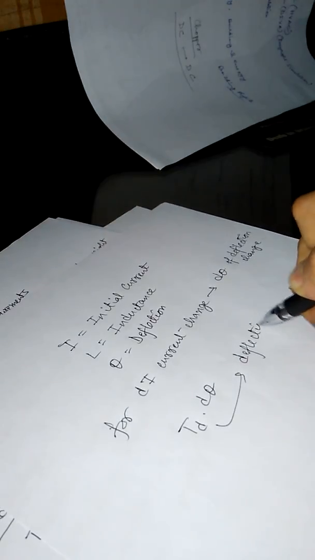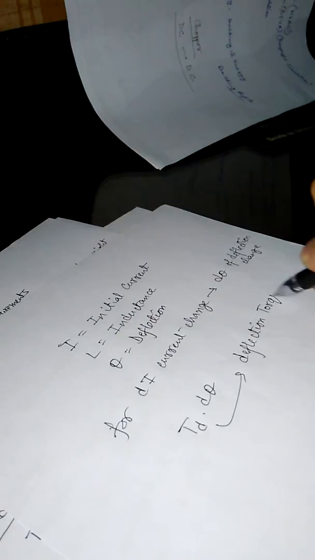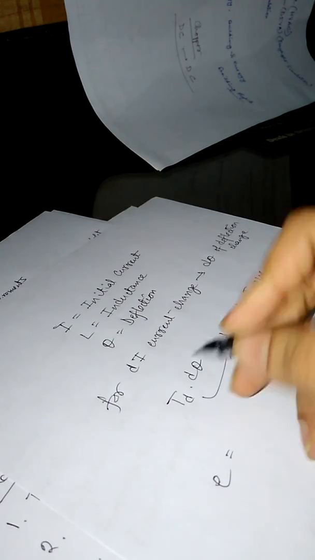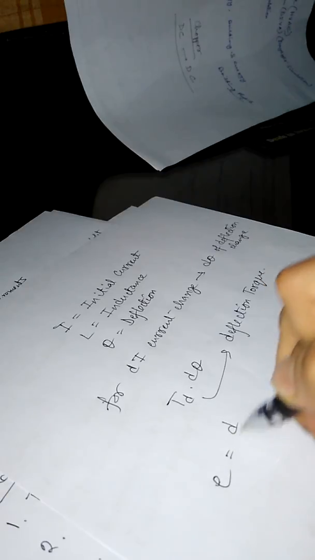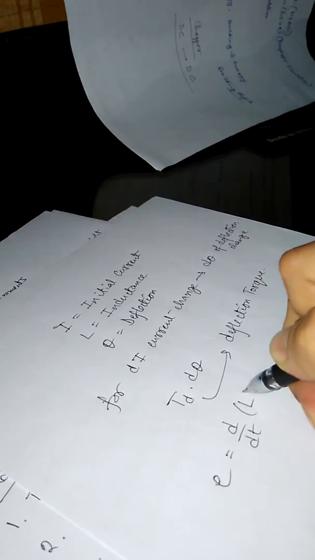Now what is the mechanical work done? That is Td into d theta, where Td is the deflection torque. Now when we consider the EMF, we know that E equals d/dt of Li, because when there is a varying current, obviously the EMF will increase.